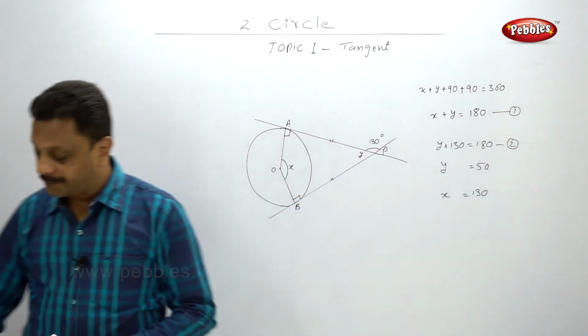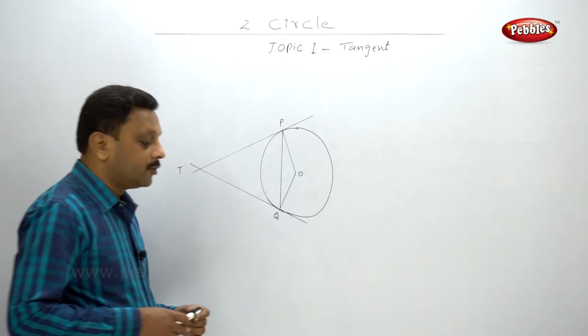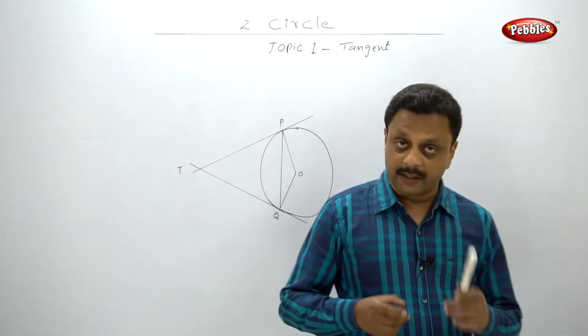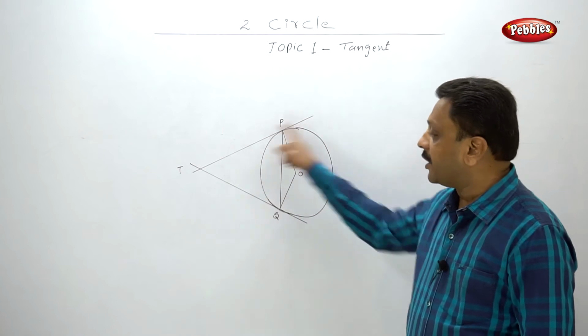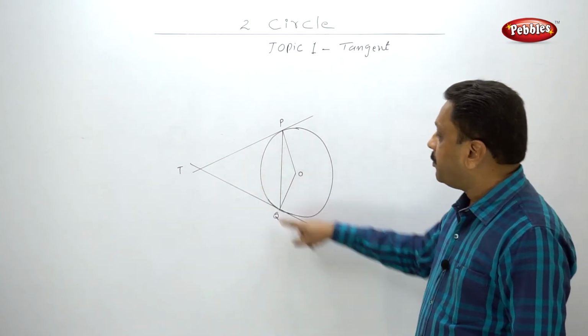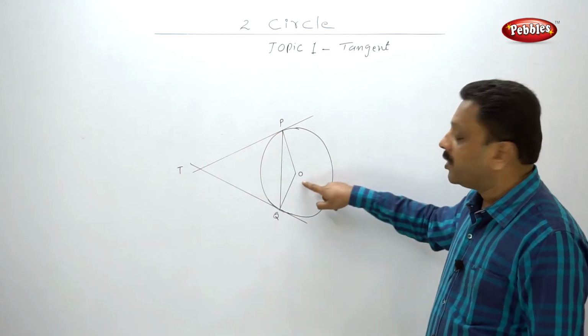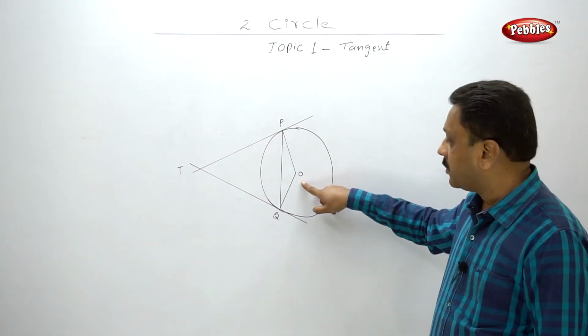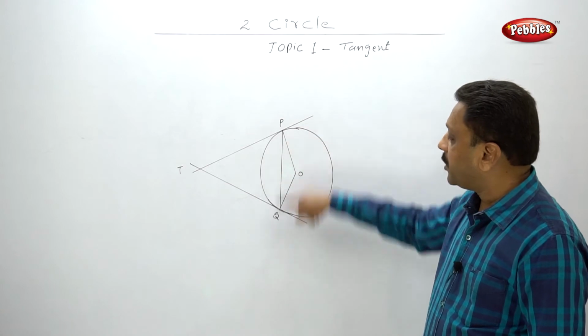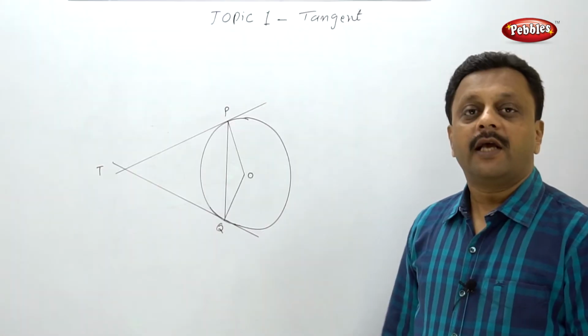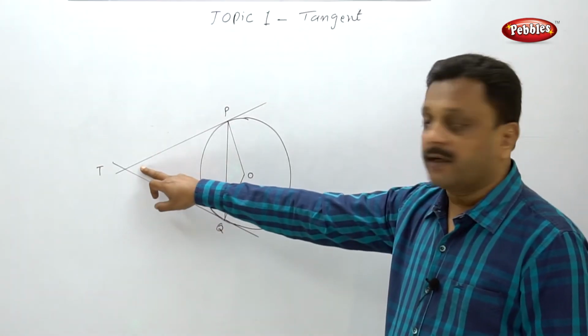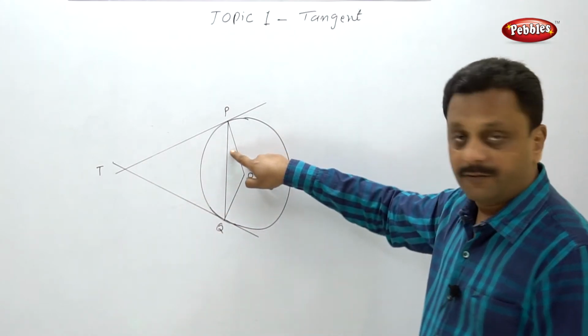Let us go ahead. In this problem, what are they given? One circle is given. These are two tangents. So TP and TQ are two tangent segments. Okay, O is the center of the circle. Now they are given this line PQ, and what are they asked? They have asked to prove that this angle is equal to twice this angle.